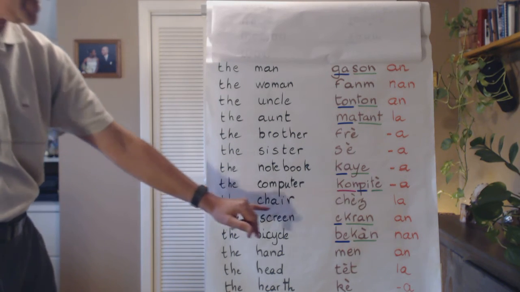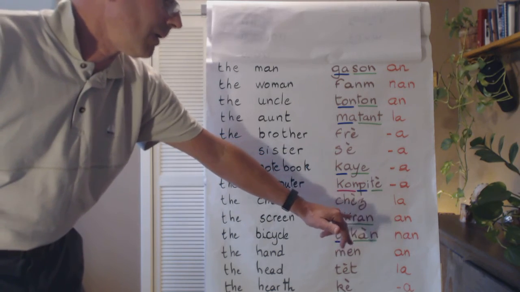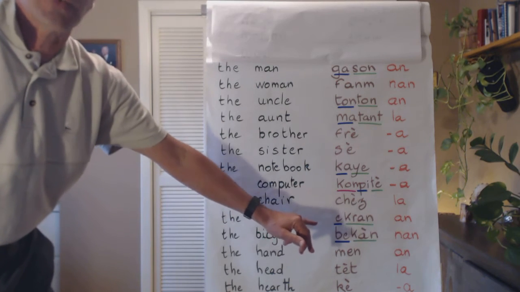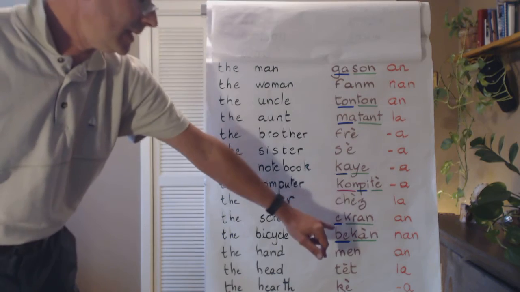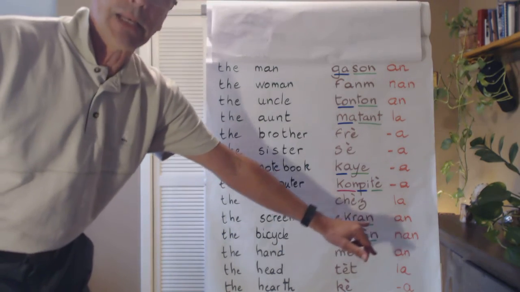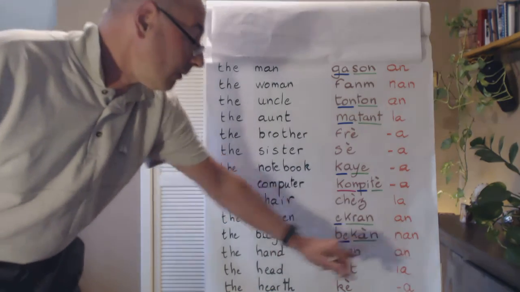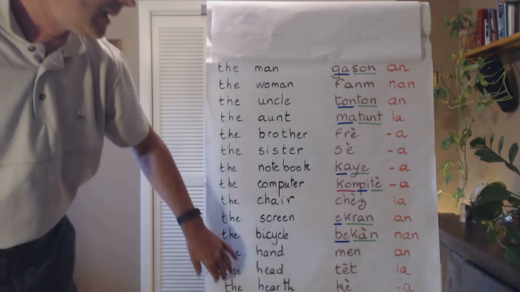The screen, écran en, nasal sound, écran en. Then bécane, it's an N sound. Same thing with "thumb", M and N. Then it will be non, bécane non, the bicycle. The hand, main en. The head, tête la, the heart, kè.